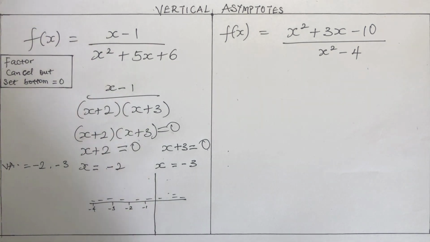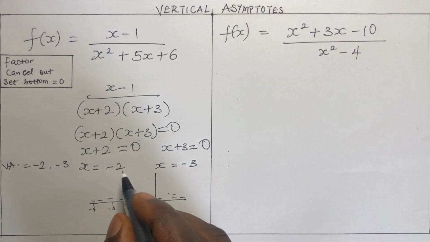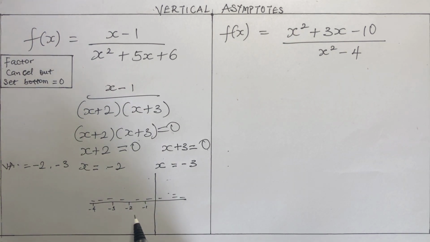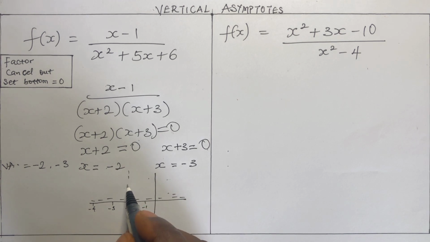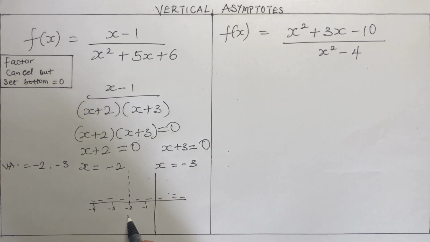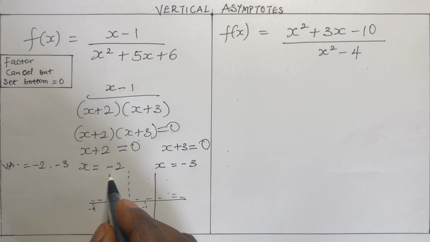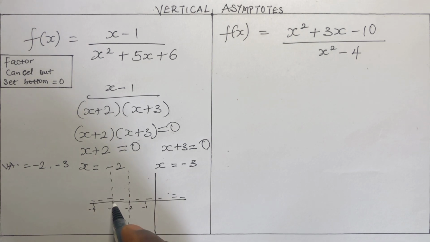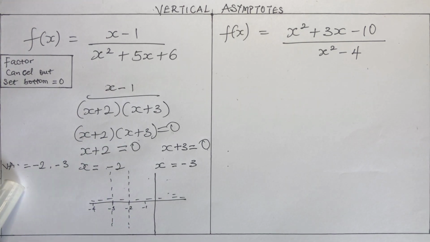And remember that our vertical asymptotes are negative 2 and negative 3, right? So we take a vertical dotted line that corresponds to negative 2 and negative 3, all the way down to infinity. So the vertical lines correspond to the asymptotes.